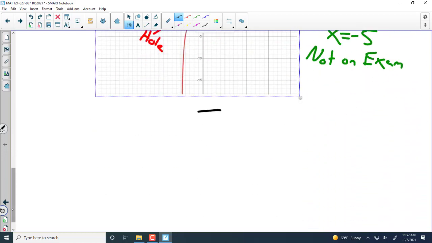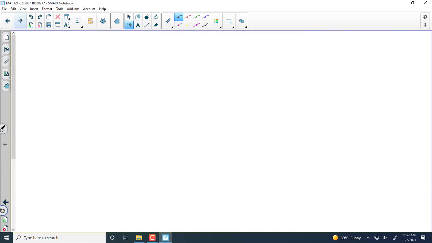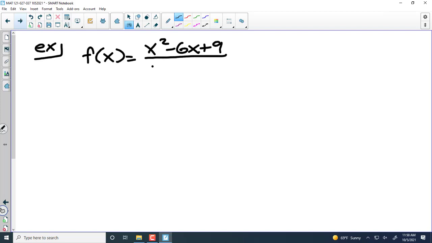Let's look at a problem that we might see in this class. Let's look at one that's better for us. This problem I'm going to do right now is f of x equals x squared minus 6x plus 9 all over x squared minus 6x plus 5.